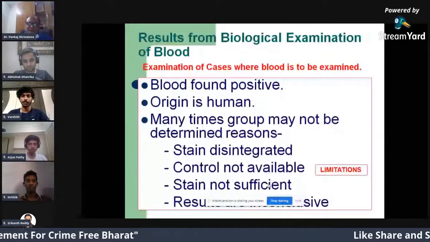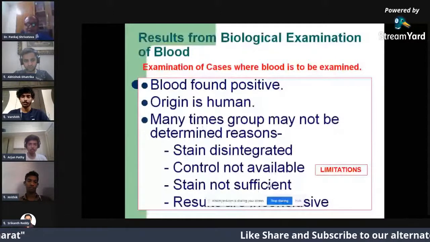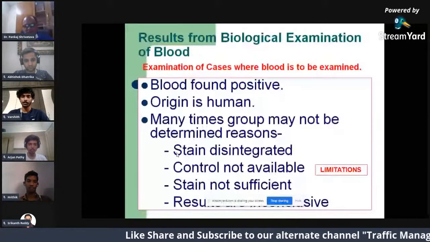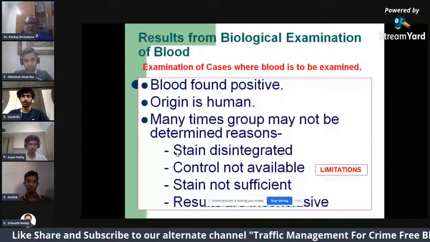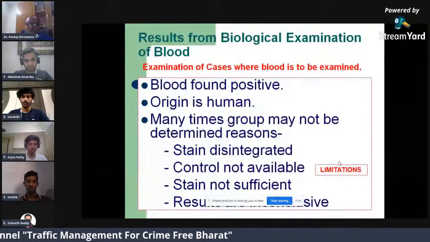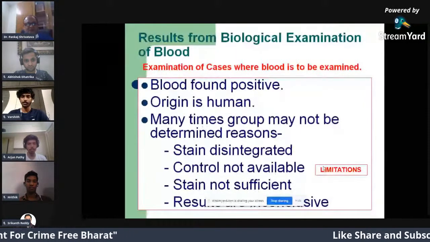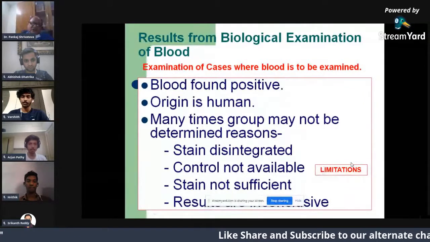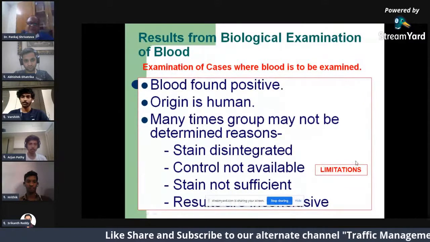The reason behind it is that the stain may be disintegrated, the control may not be available, the stain may not be sufficient, or the results are inconclusive. These are the proven limitations of the technology. Why are these limitations there?